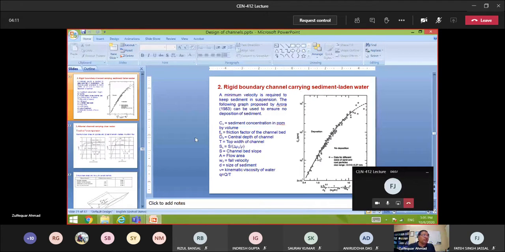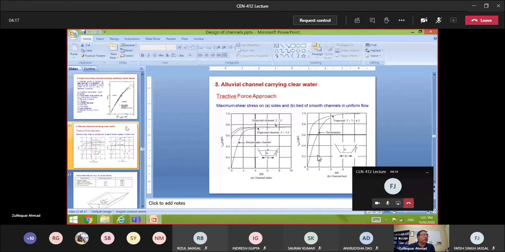Now we have to proceed further, and we'll come to the alluvial channel. Today we'll not be in a position to complete this, but we'll discuss two channels: the design of one channel which is carrying clear water, and the design of another channel which is carrying sediment laden flow, right?